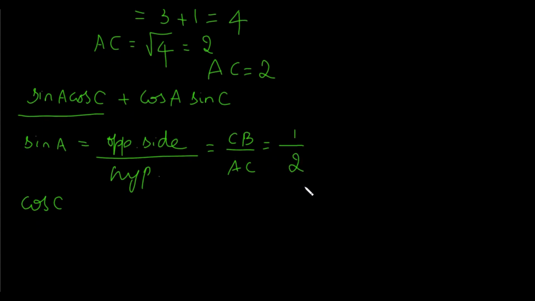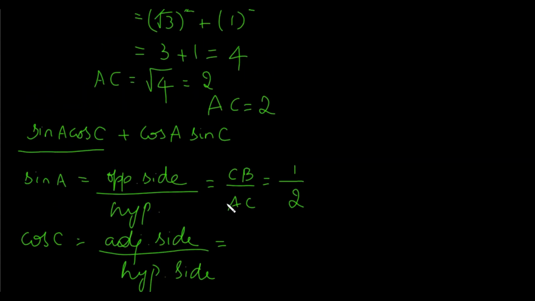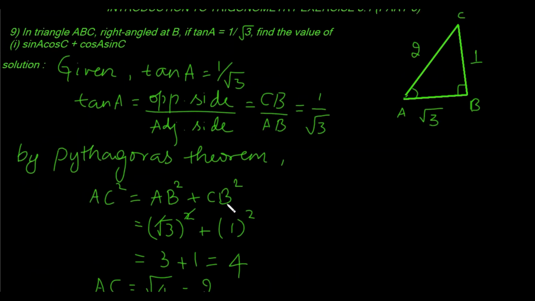For cos, the trigonometric ratio is equal to adjacent side divided by the hypotenuse side. So the adjacent side with respect to angle C. Let's see, angle C is here. So with respect to angle C, the adjacent side is CB divided by the hypotenuse side, that is AC.